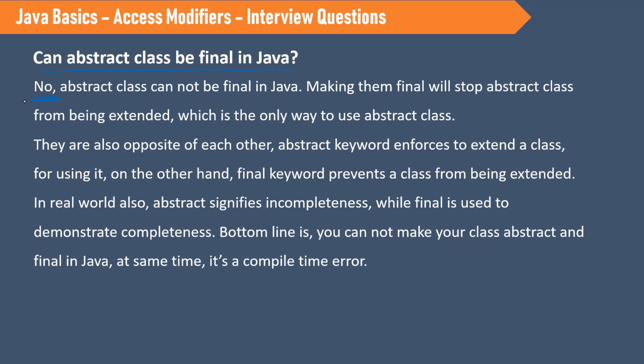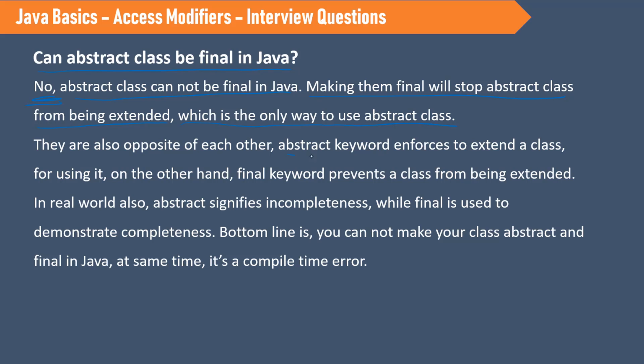Abstract says that you have to extend this class, and final says that you cannot extend this class. So we cannot have both final and abstract for the same class. So the answer is no. An abstract class cannot be final in Java. Making them final will stop abstract classes from being extended, which is the only way to use an abstract class.